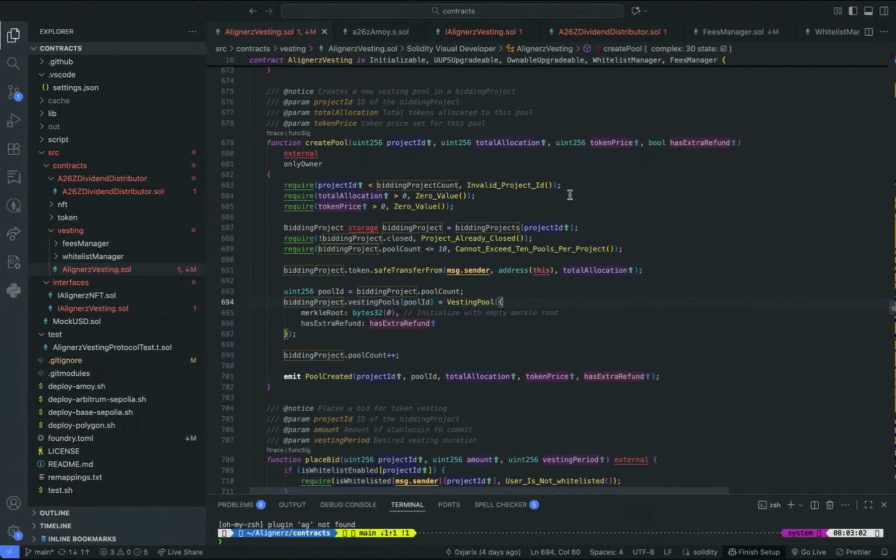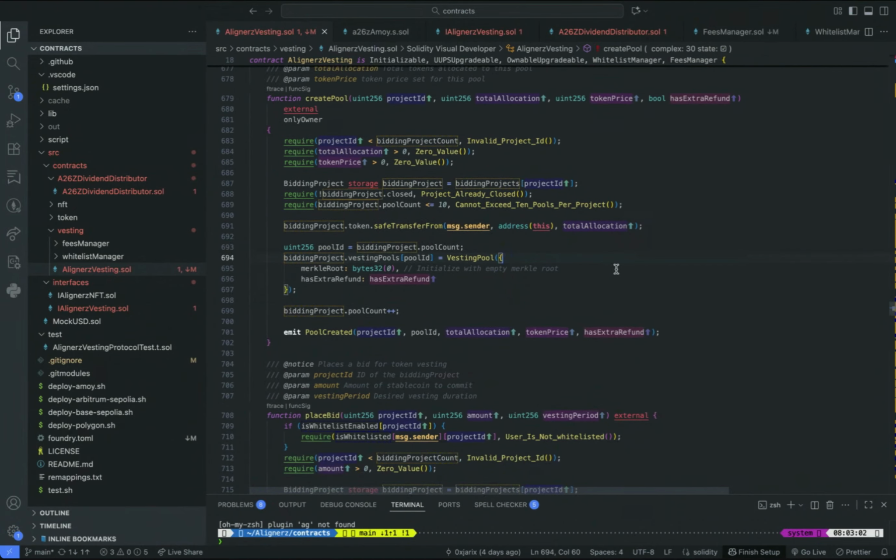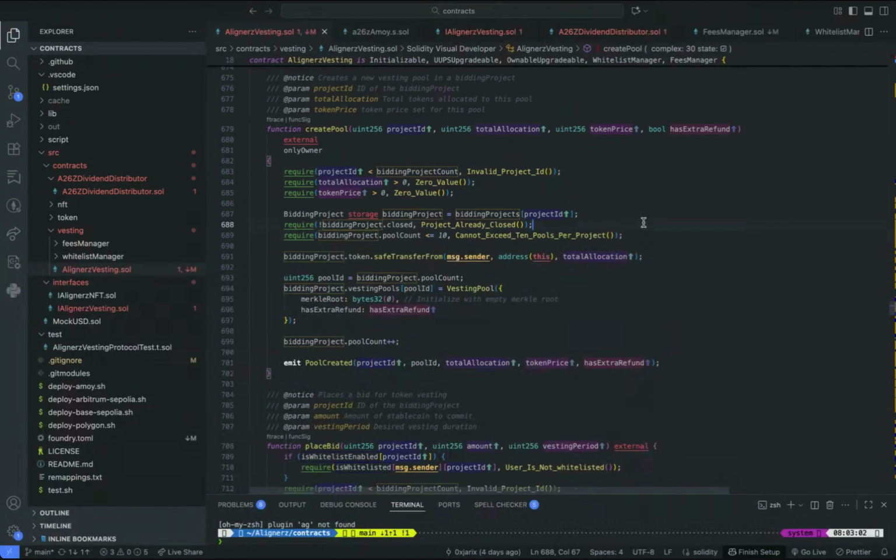In this pool, the tokens will have different prices. But which pool a certain bid will be in, which pool a certain TVS will be in, depends on the backend. This will be generated in the backend.